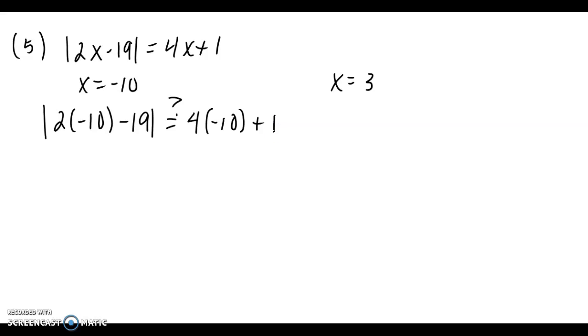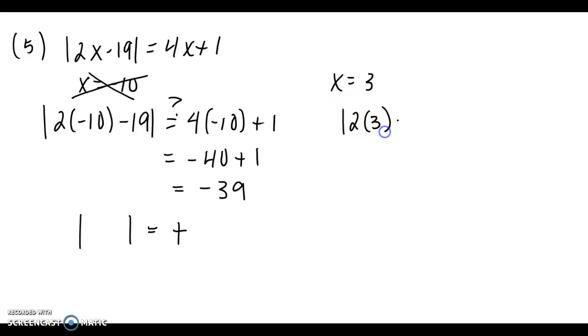If I just look at the right-hand side, I get negative 39. Automatically, I know that x is equal to negative 10 is extraneous, because whatever's inside an absolute value makes the answer positive. So I can never get an absolute value expression equal to a negative number.